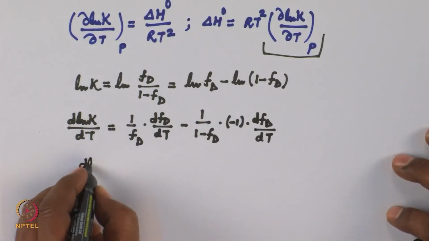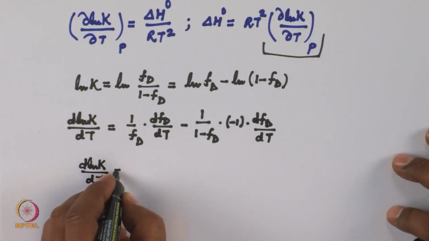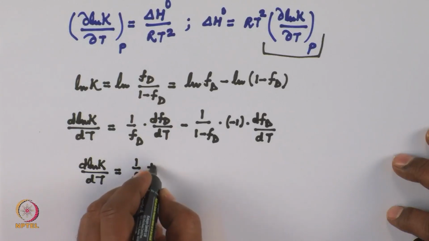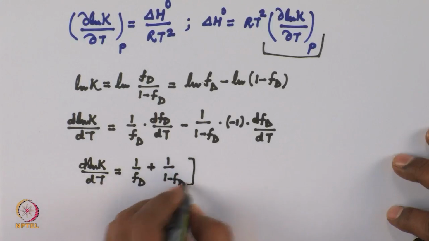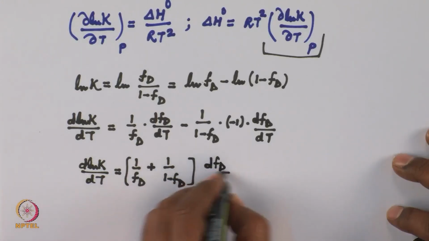So, I have d log K by dT equal to (1 over Fd plus 1 over 1 minus Fd) dFd by dT.